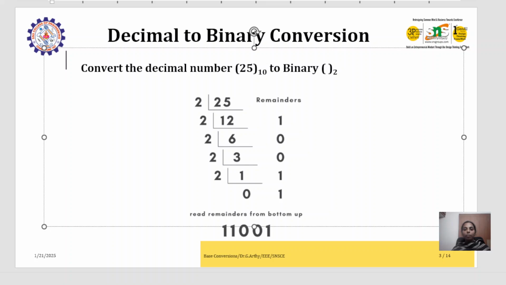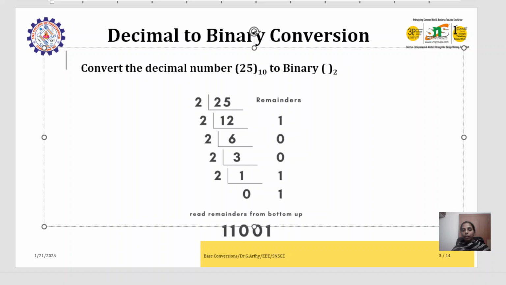For binary, the base is 2. So I have to divide this 25 by the base number 2. When I divide it, I get a quotient and a remainder. When I divide 25 by 2, 12 will be the quotient and 1 will be the remainder.